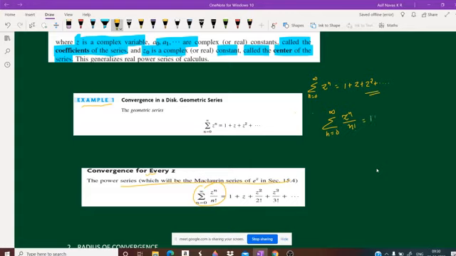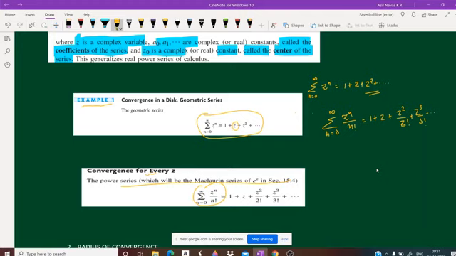So this is 1 plus z plus z squared by 2 factorial plus z cubed by 3 factorial plus etc. Now the question is, is it valid everywhere? That means, does this converge to a sum for all z? Does it converge for all z or only for a particular set?